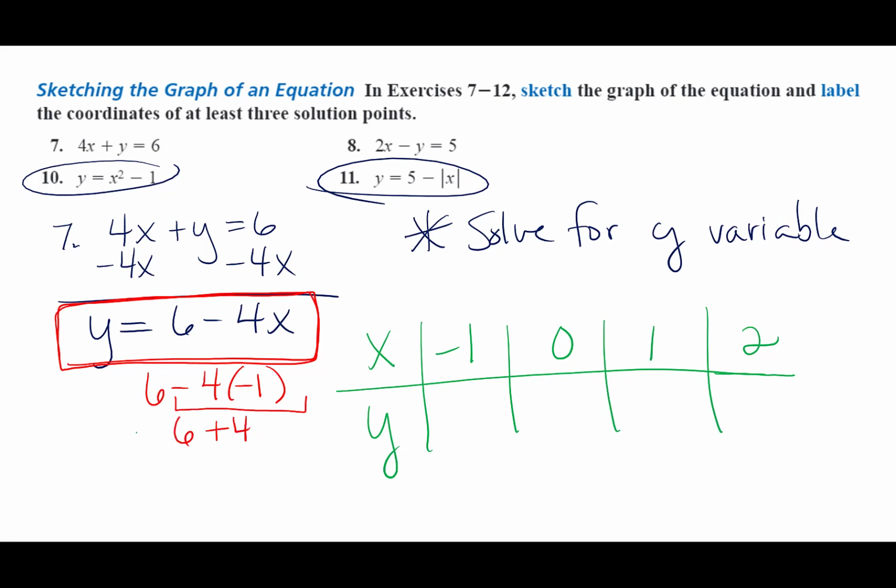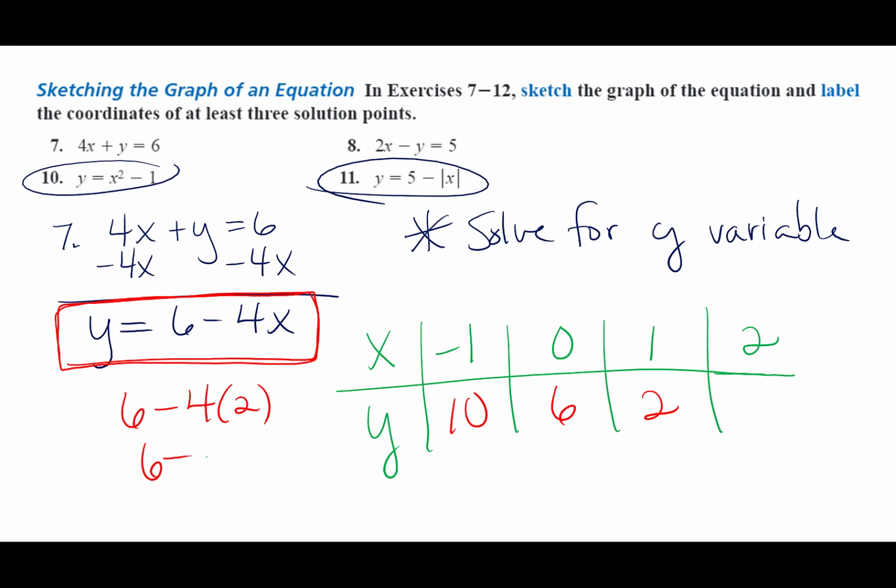Combine that +4 with the +6, and that's 10. If x is 0, this would be 6 minus 4 times 0, which is 6. Next, if x is +1, this would be 6 minus 4 times 1, which is really just 6 minus 4, which is 2. And one more, if x is +2, this will be 6 minus 4 times 2, which is 6 minus 8, which is -2.